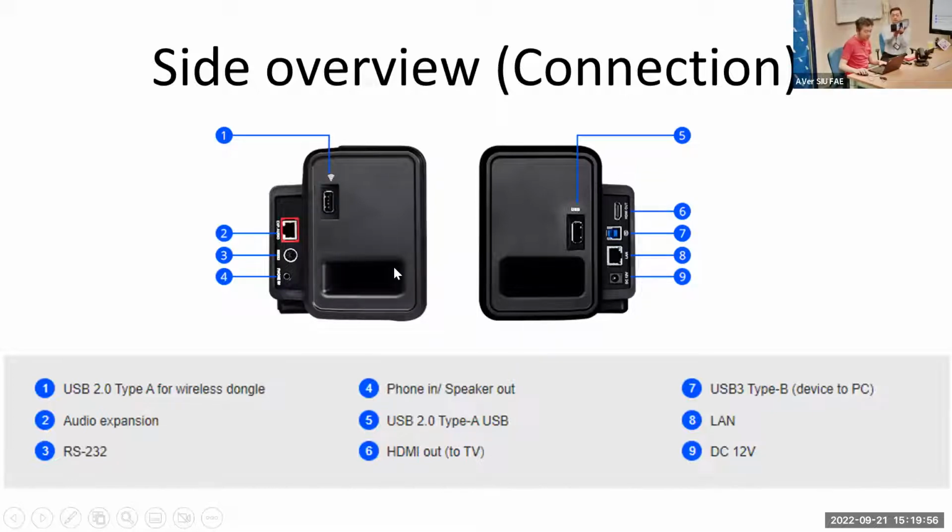And USB 2, Type A USB, and the HDMI port. Number 7 is USB 3, Type B, device to PC. Number 8 is the LAN port. The VB342 Pro can support IP access also. Then we have a digital jack.